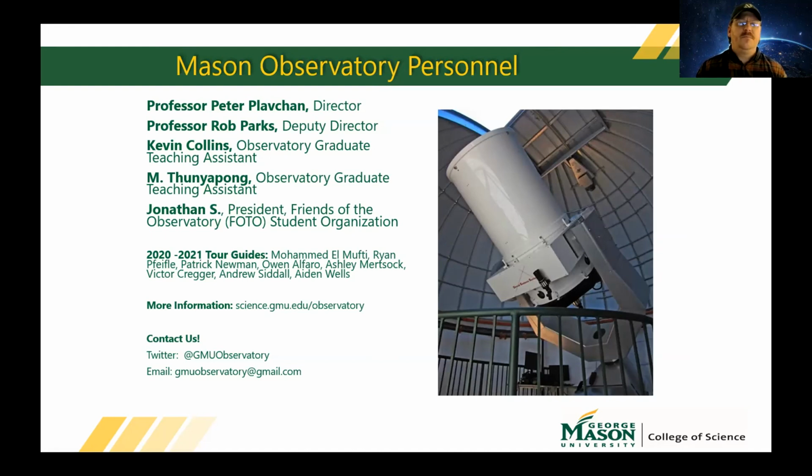So far, it's been typically about once a month or so. So if you're interested in taking more of a hands-on approach to astronomy, particularly with our instruments, and you are a student of George Mason, I highly encourage you to get in touch with Jonathan of PHOTO. He's our president, and join that organization.